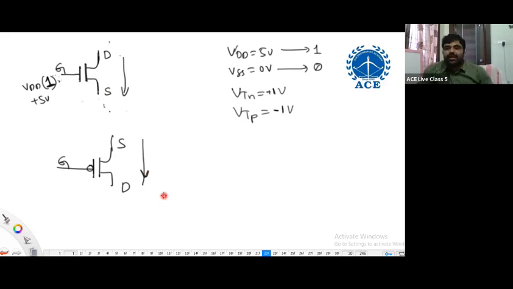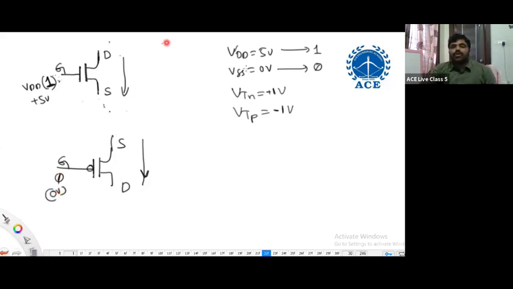See what we have here: source to drain, we have a current flow. The source is at higher potential compared to the drain. So to switch on this P-channel MOSFET, what should I connect at the gate terminal? Lower potential, because the source is at higher potential and gate to source potential must be negative. For that, I need to connect a logic 0, which is 0 volts.